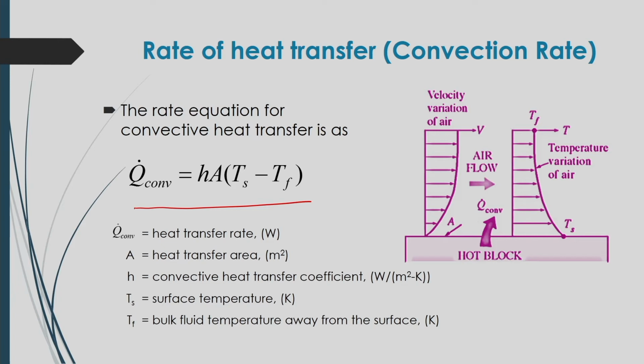minus T F. Here Q dot convective is the heat transfer rate, and A is the heat transfer area through which the heat will be transferred, and H in this case is another coefficient, called the coefficient of heat transfer, or the convective heat transfer coefficient, and the temperature Ts is the surface temperature from which heat will be transferred, or on which the heat will be gained by the object from the surrounding, and Tf is the bulk fluid temperature away from the surface by which the convection of the heat will be there.